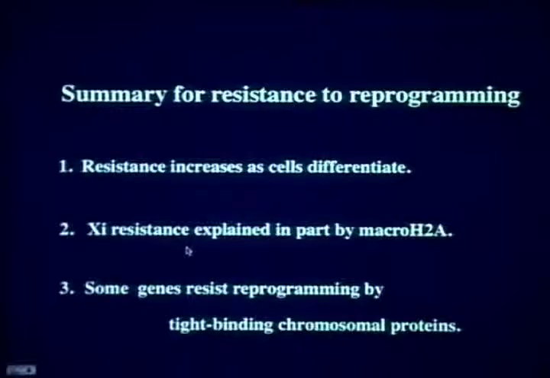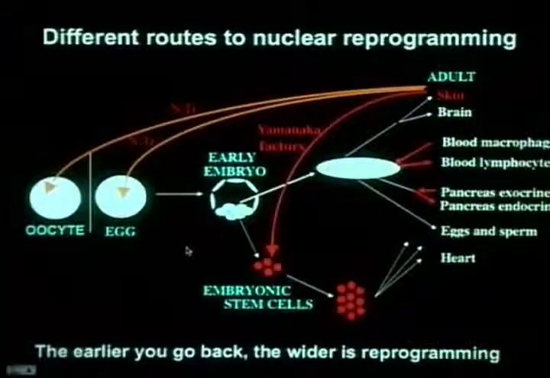So in summary, the resistance increases as cells differentiate. The inactive X resistance is explained in part by macroH2A, and some genes resist reprogramming by tight binding chromosomal proteins.